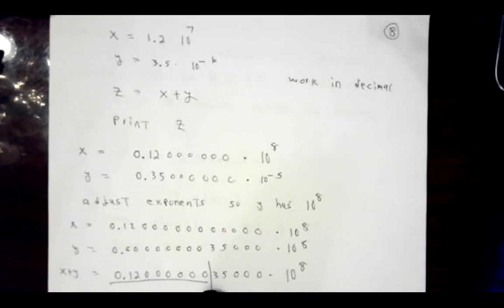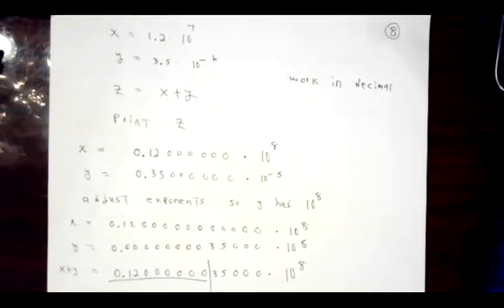Everything after this vertical line is in trouble. The 3 is not as big as 5, so you chop it off and you do not round this. You get 0.12 times 10 to the 8th power, but that's x.